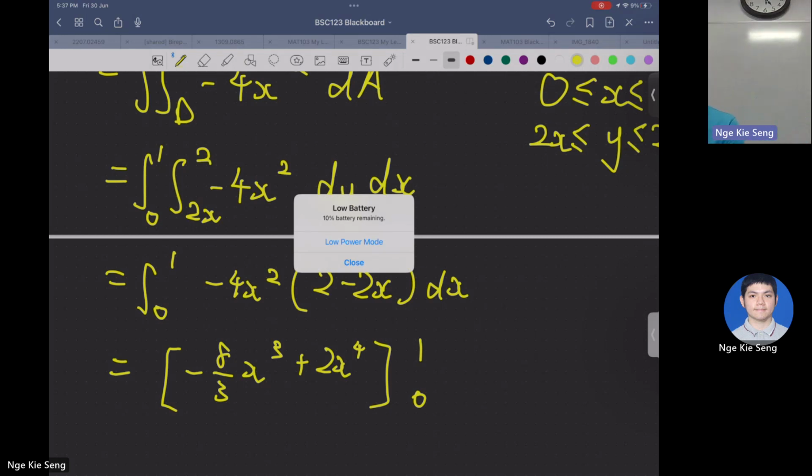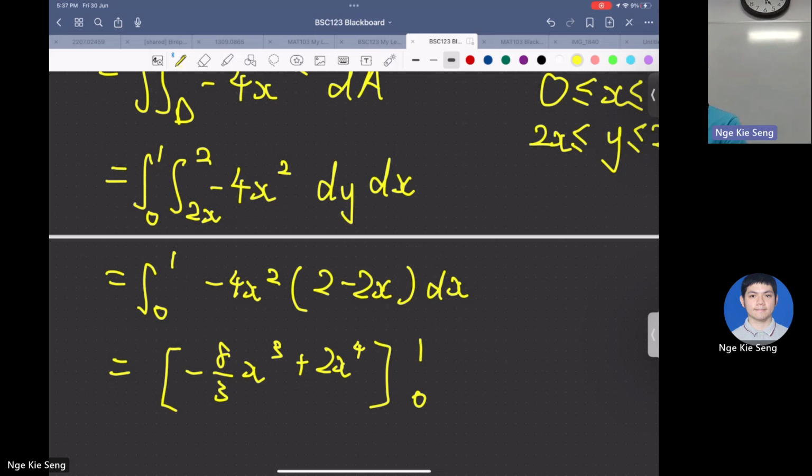What's the answer? What is this answer? Yeah, so it's exactly the same answer, -2/3.